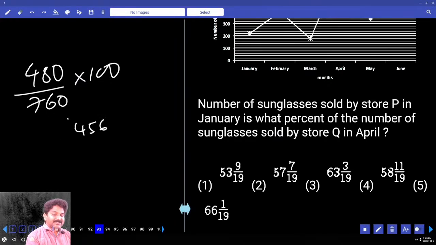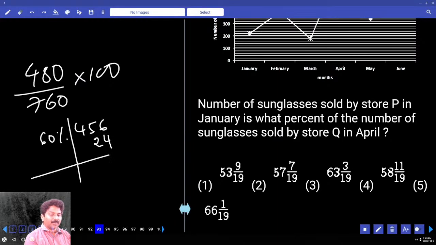So 456 is equal to 60%. Still we need to add 24 more, correct? What is 1% of this number? Approximate 8. 8 3 times is 24 only. So this number is approximately 3% only. Answer should be approximate 63.